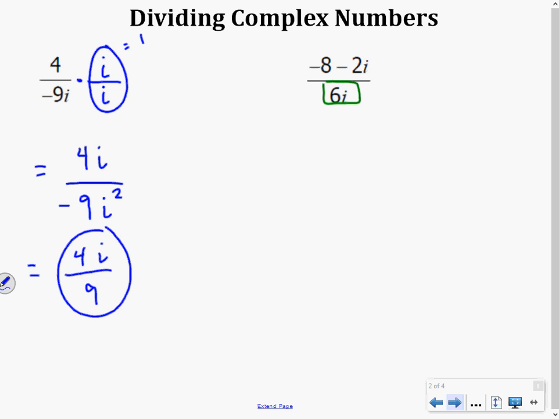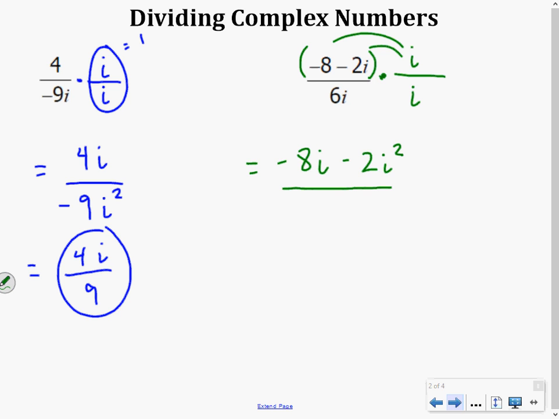Okay, the example here on the right is another example where we only have an imaginary number in the denominator. So we just need to multiply by i, but if we're going to do it in the denominator, we're going to also do it in the numerator. Now, we're going to have to be a little more careful here. I'm going to have to distribute the i to both terms inside. So the numerator is -8i minus 2i squared.